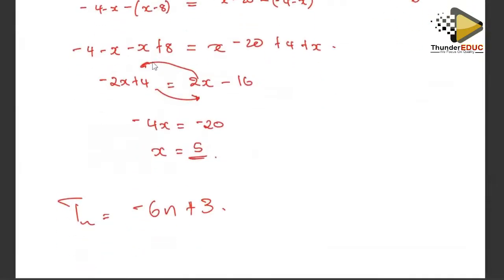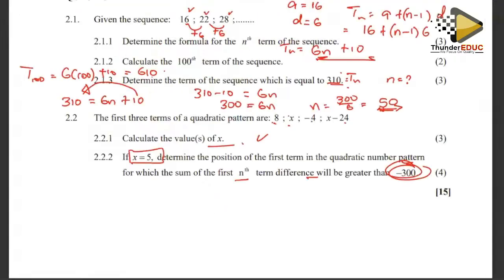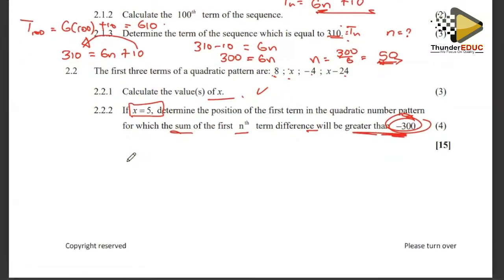It should be the nth term. Now, if they're talking about something that is greater than 300, because it is the sum that must be greater than 300, let's try to substitute into the formula of the arithmetic sum, n over 2 into 2a plus (n minus 1) into d.